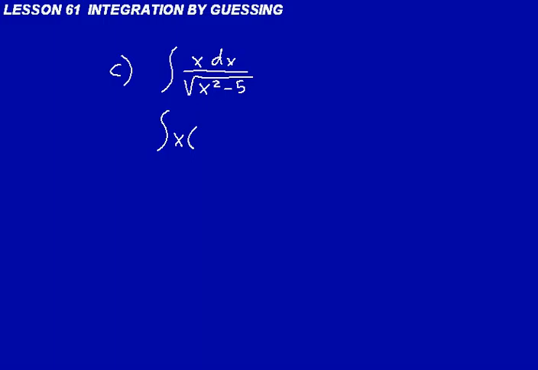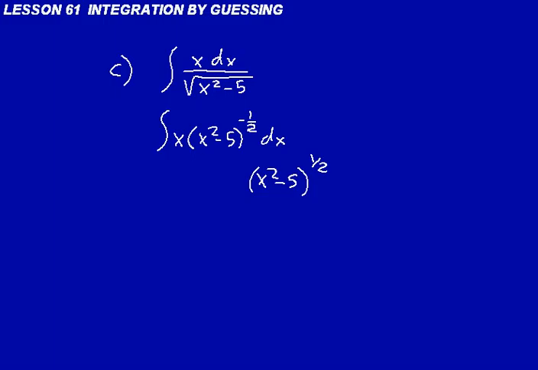And so let's get this in the form of x squared minus 5 to the minus 1/2 power dx. Now let's guess an antiderivative of that. We have a power of minus 1/2. Let's just think x squared minus 5 to the positive 1/2 power.